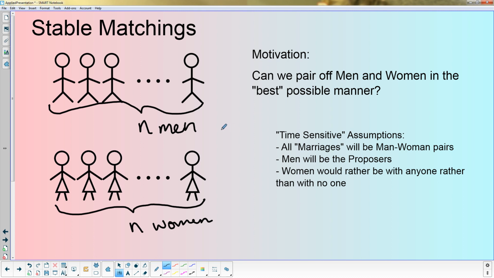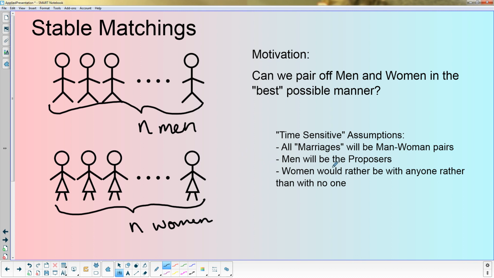This problem is all about taking these men and women and marrying them and making them a pair that will last for a while. So all these marriages will be assumed to be man-woman pairs. It's not going to work if we let men marry other men or women marry other women. Although you could write it as such, it would take a little bit more work.